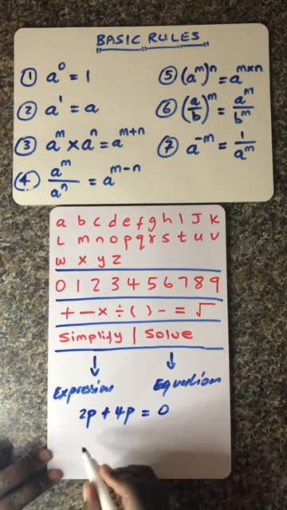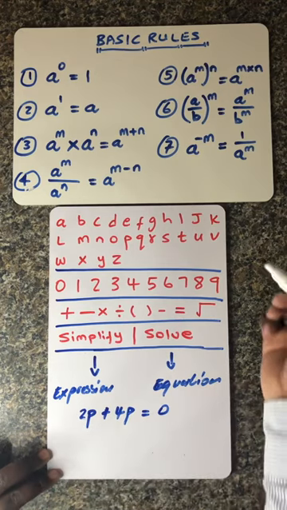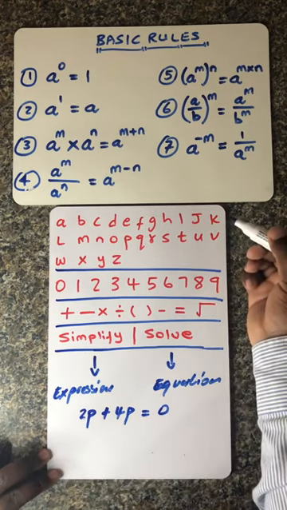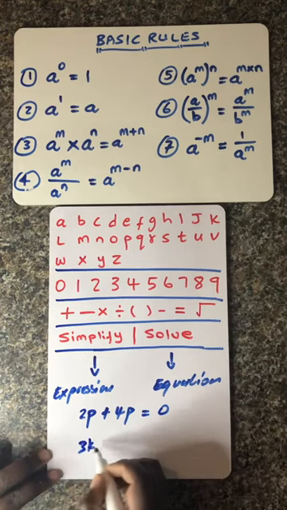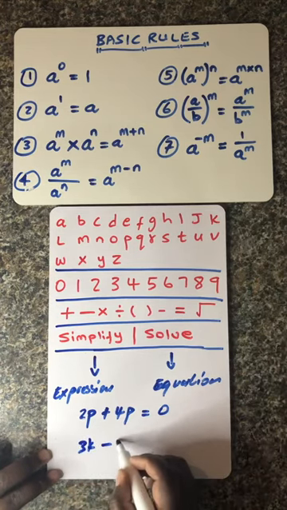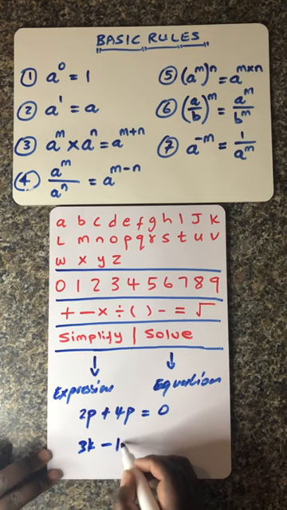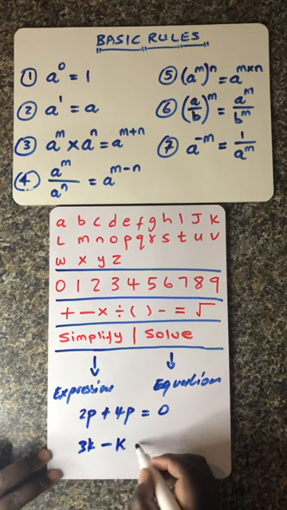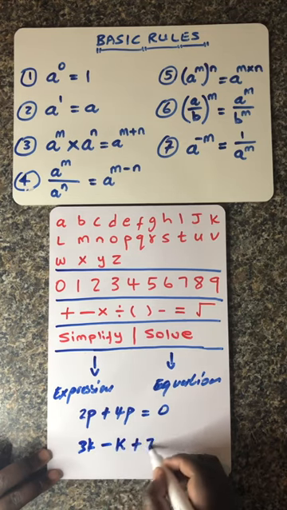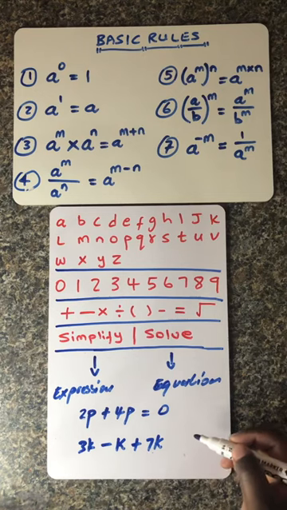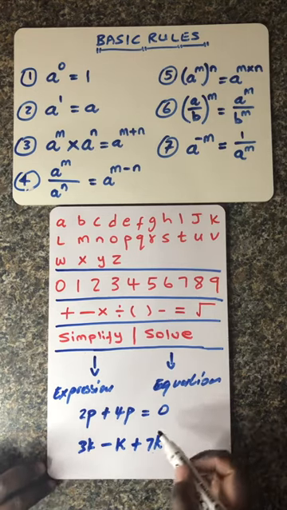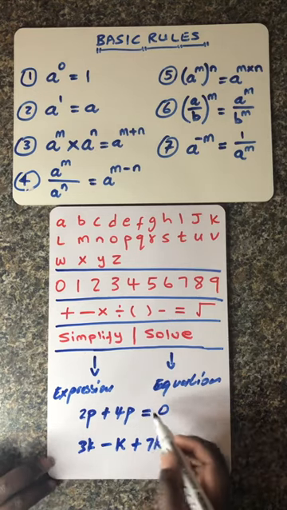And the next one, let me use k: 3k minus 1k plus 7k. So what I want you guys to notice is that you've got an equal sign there, and on this expression you don't have an equal sign.